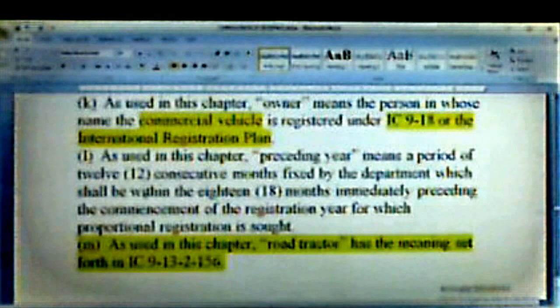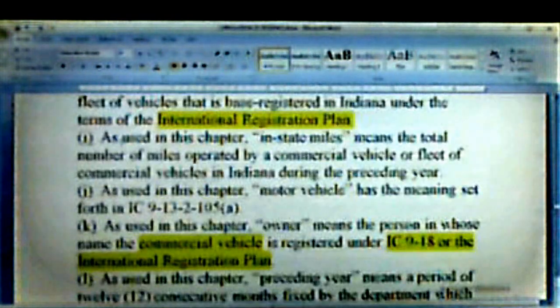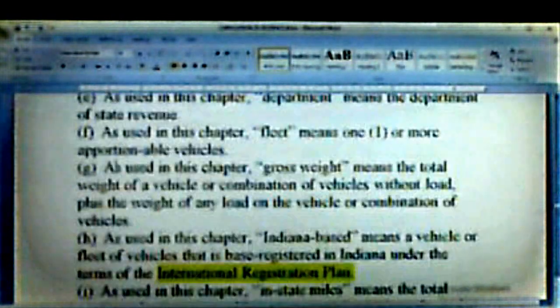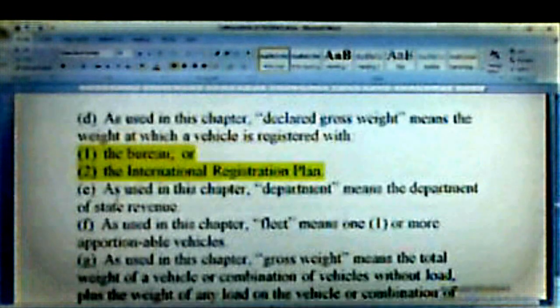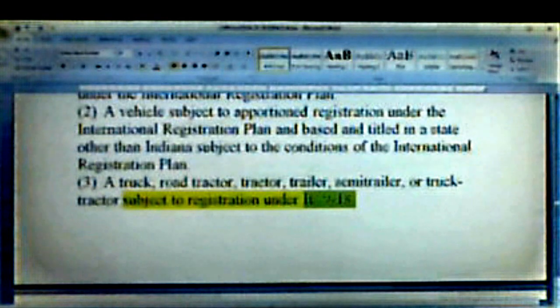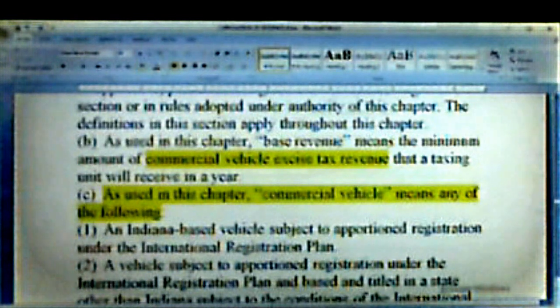Now remember, right up here, under C, right? What'd it say? A truck, road tractor, tractor trailer, semi-trailer, or truck tractor subject to registration under IC 918. And this says that anything in C, as used in this chapter, means any of the following is a commercial vehicle.